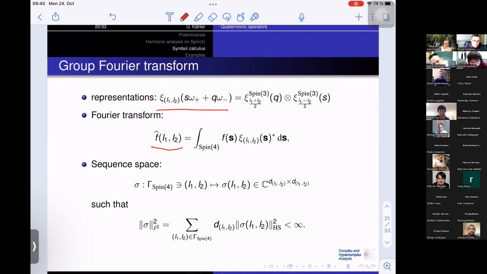The sequence spaces are also straightforward. We take our lattice, our points, and then associate with that the matrix, which is complex valued, of the dimension of the DL1, DL2. And we have that the L2 norm of the whole thing is just a summation with the Hilbert-Schmidt norm of sigma.